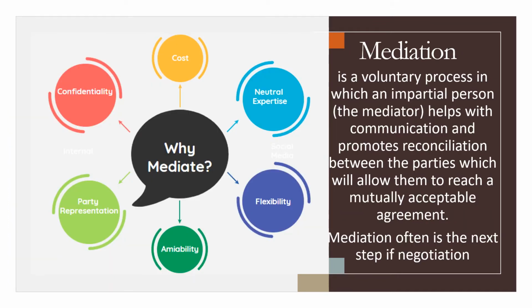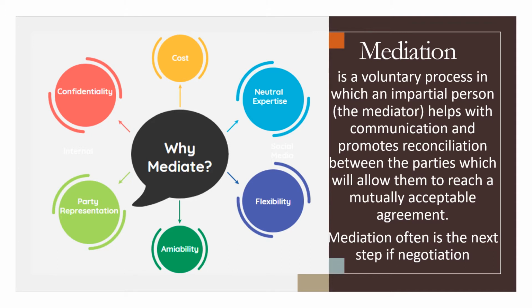The next conflict resolution process we are going to look at is mediation. This mediation is a step that occurs after negotiation. As I said the first time, people would make efforts to try to resolve their problem. But in a case where they are incapable of doing that, the next step that will be appropriate now is mediation.